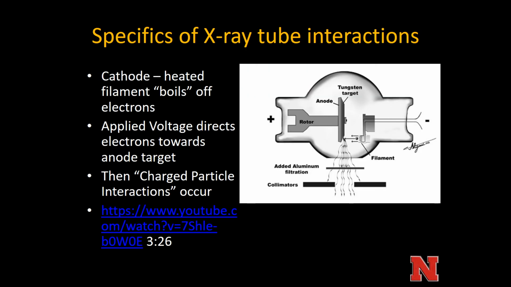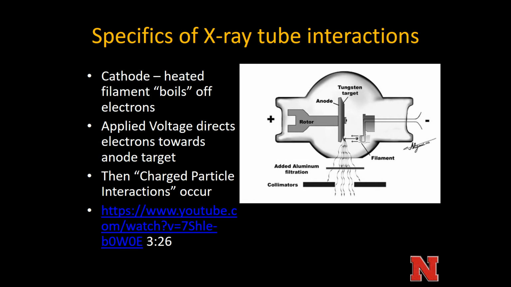All right, now we're going to talk a little bit about the specifics of an X-ray tube and how it interacts. There are two basic parts of an X-ray setup, a cathode and an anode. The cathode is a heated filament which essentially boils off electrons. I like to think of it as kind of just like plugging it into the wall.